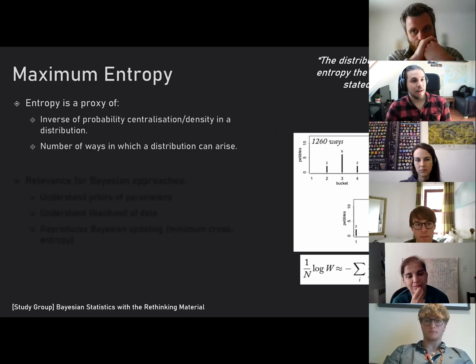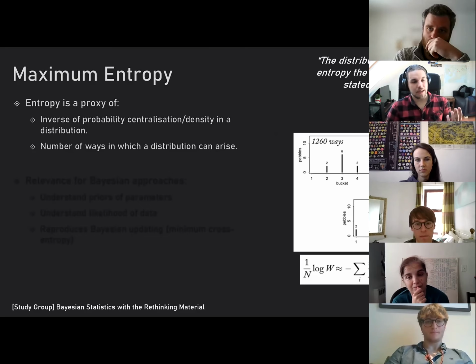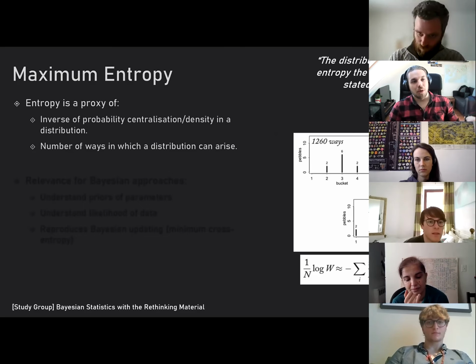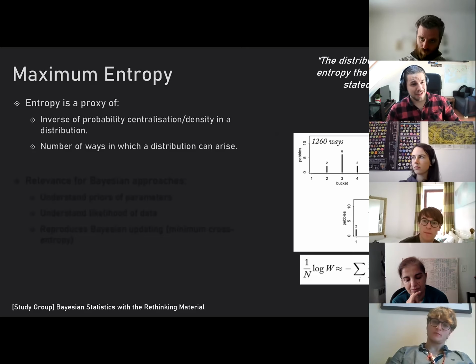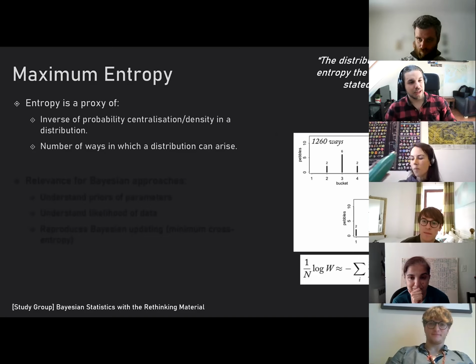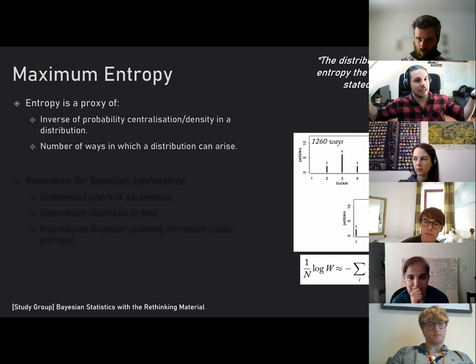What I mean by that is the more peaked a probability density distribution is, the less entropy it has. The more flat it is, the more entropy it shows. So the distribution with the most entropy would be a completely uniform distribution that stretches from negative infinity to positive infinity, because it's all on the exact same level and it's completely flat.